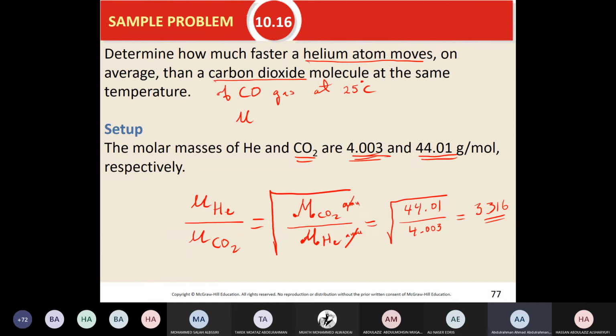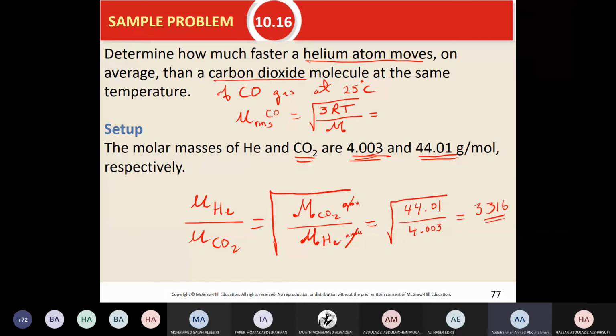Equal to the root of 3RT over molar mass. Exactly.